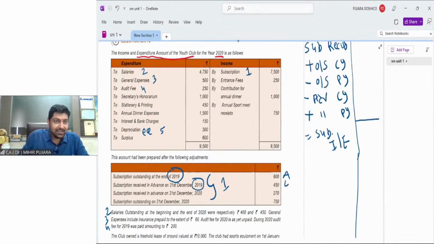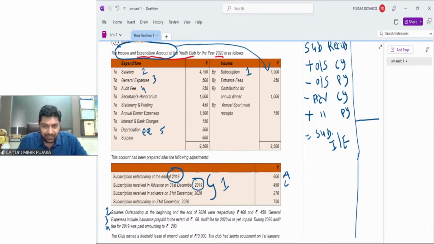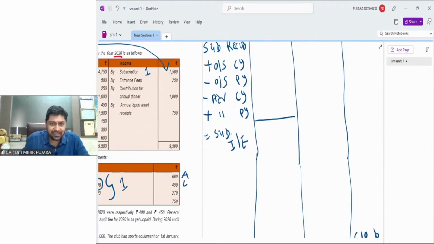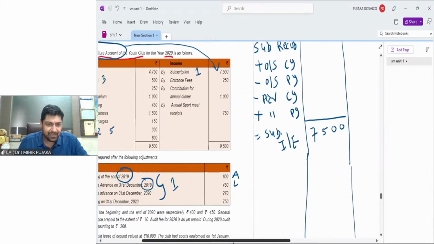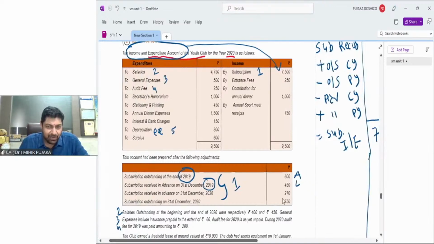This is the INE, and how much amount is given in INE? 7500, right? You are given the amount of INE, 7500. And now these 4 I will do plus minus.